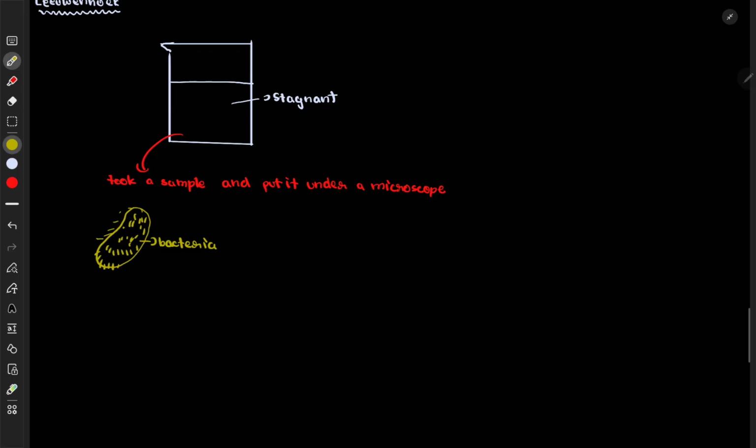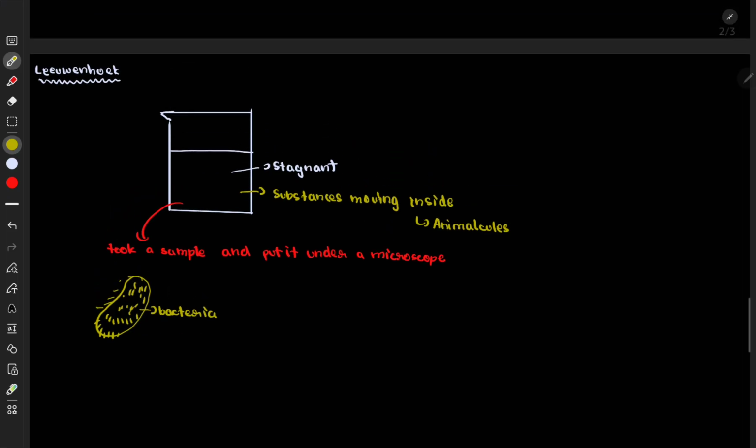Also, he observed substances moving inside, and he called these substances animalcules. So this is what Leeuwenhoek had done.